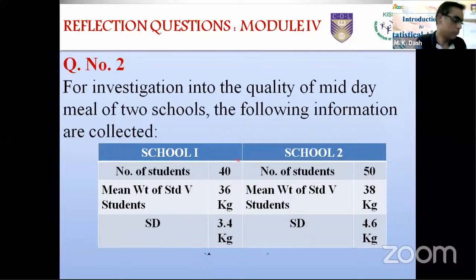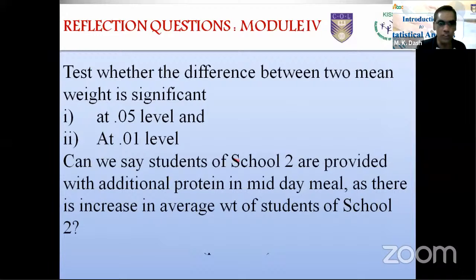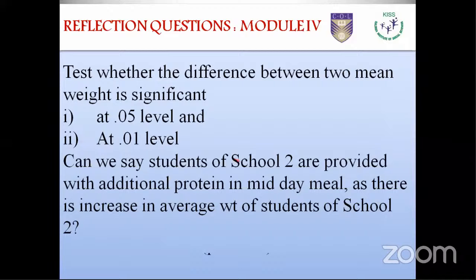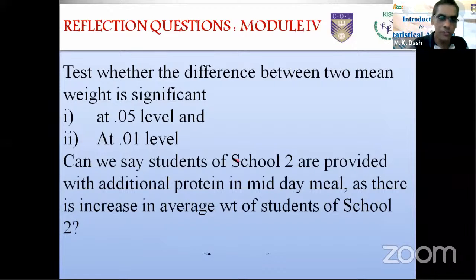Question number 2. Take a small analysis, just 2-3 seconds. This is the question that is given. Test whether the difference between the two mean weights is significant at 0.05 level and 0.01 level. We'll check both the levels.